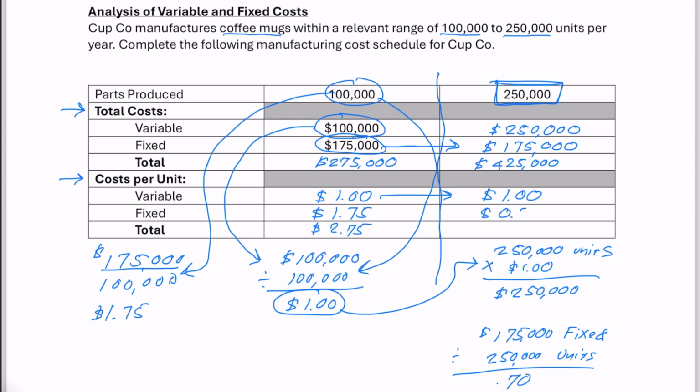So that's $0.70, giving us a total cost per unit at a production level of 250,000 of $1.70. This is a great illustration showing us how the variable cost per unit will stay the same regardless of production. Yet the fixed cost per unit will actually go down the more units that we produce.